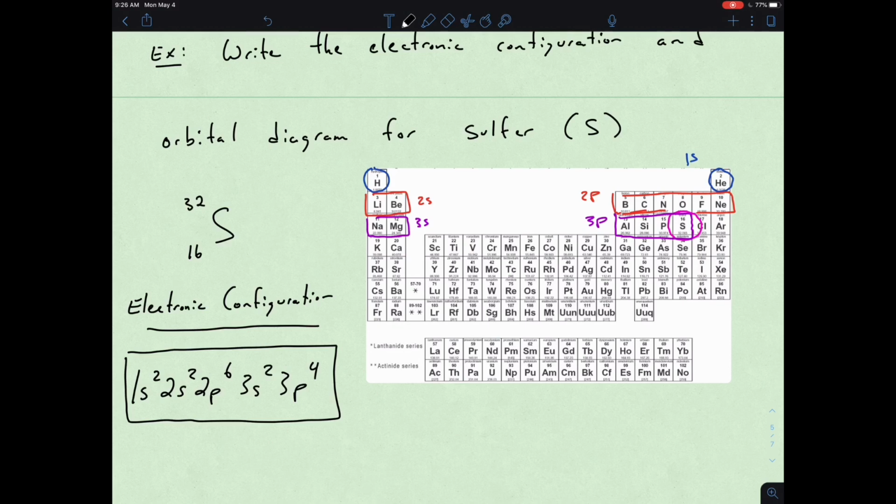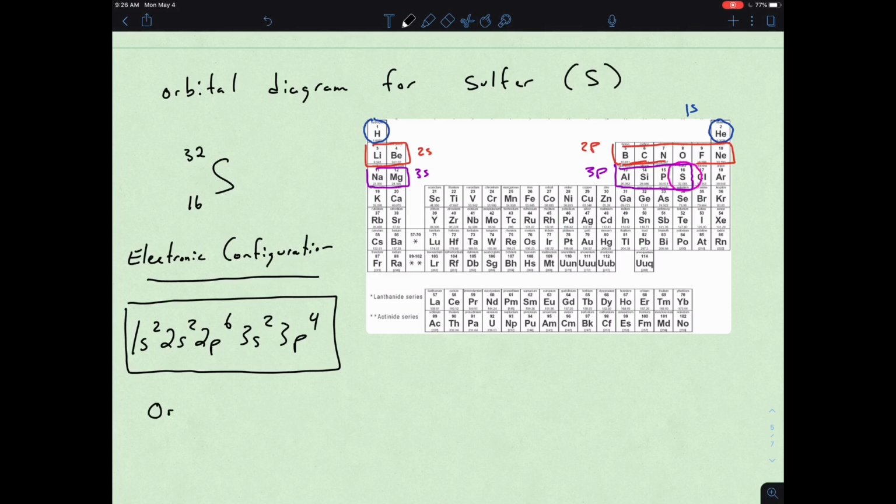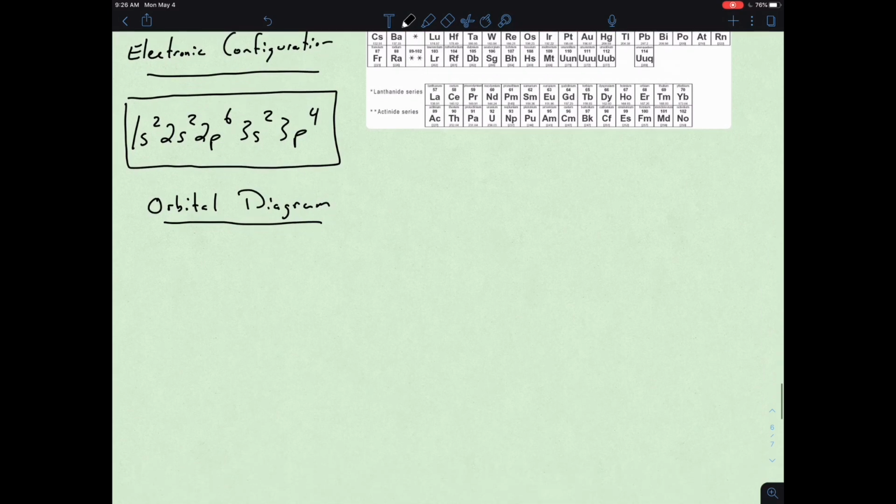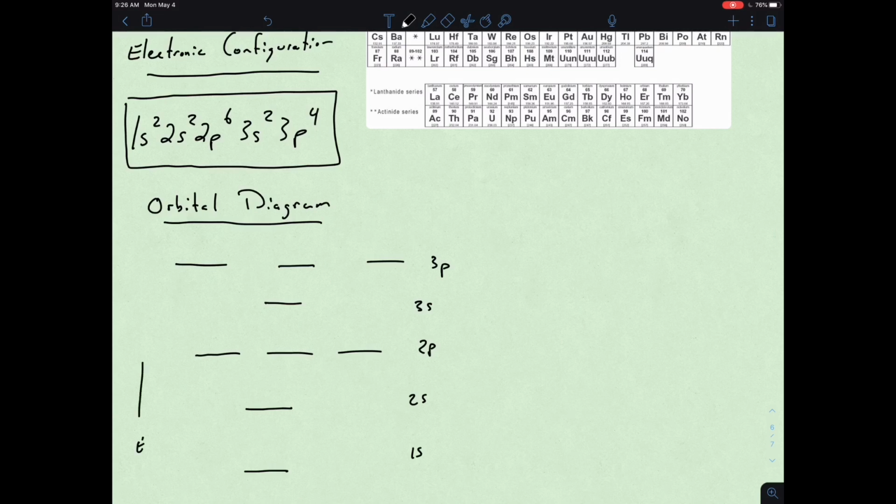If we were to do an orbital diagram, again, we would have those levels written in terms of energetics, where we would have our 3p, our 3s, our 2p, with our energy increasing in a vertical nature.